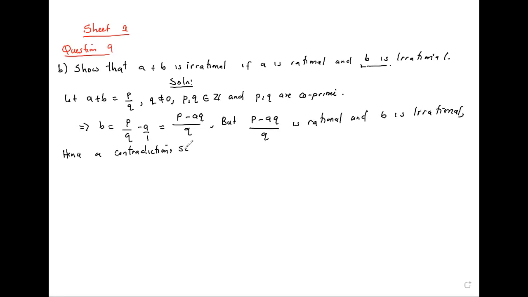So we have this contradiction here. So A plus B is irrational. So hope you get the idea behind this thing. You just want to have that number which they have said is irrational in the question. You make it the subject of the formula. Then on the other side of the equal sign, you have a rational number.